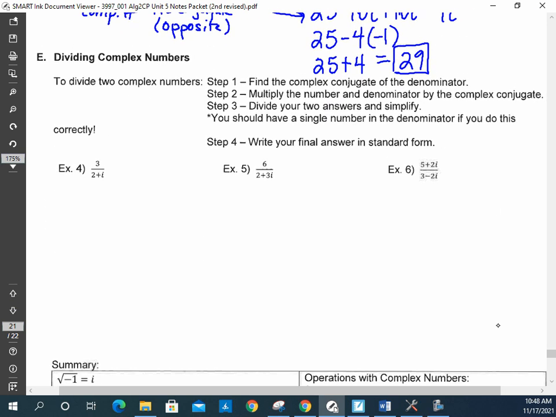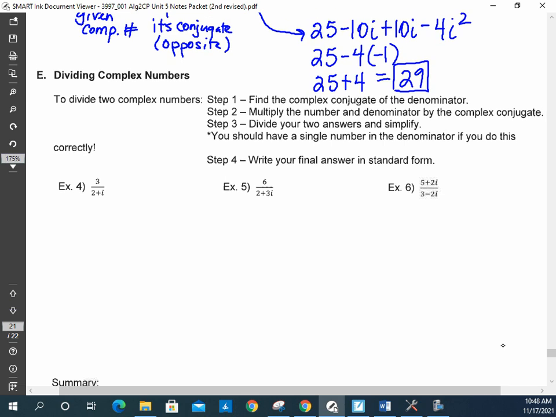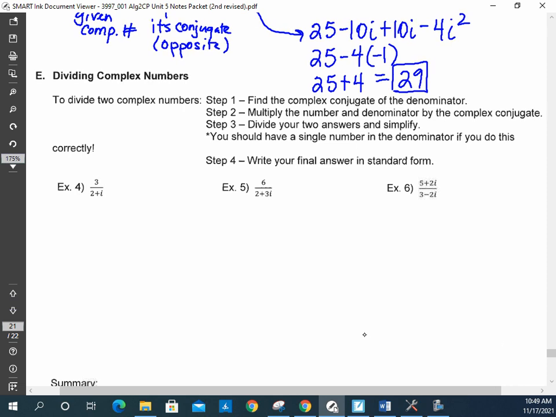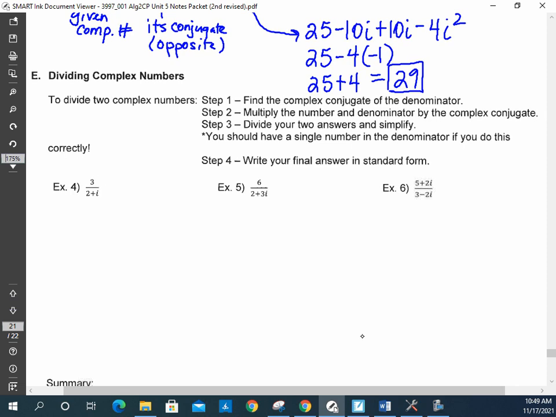All right, so we're going to wrap this up by doing division of complex numbers. Dividing complex numbers is a process. So the steps are up above, and we're going to follow them step by step.